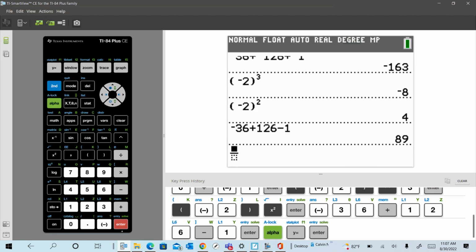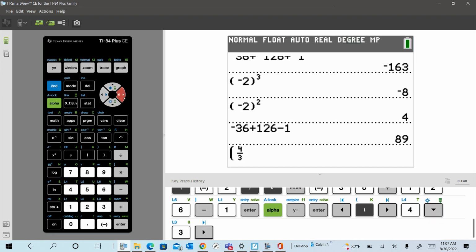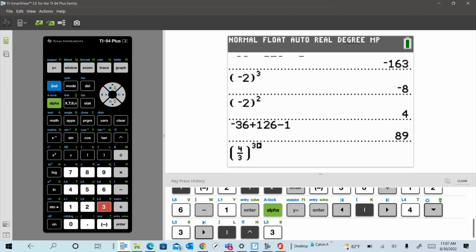Hit enter, and that gives us a fraction. I forgot to put my parentheses, guys, so I'm going to arrow to the right to get my parentheses, then a 4 on top, a 3 on the bottom, close my parentheses, and put it to the third power.